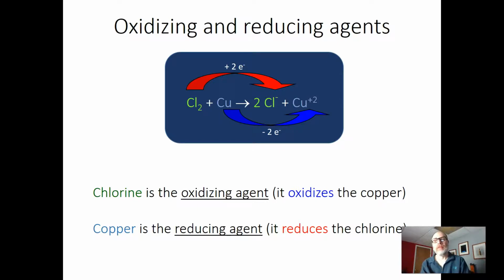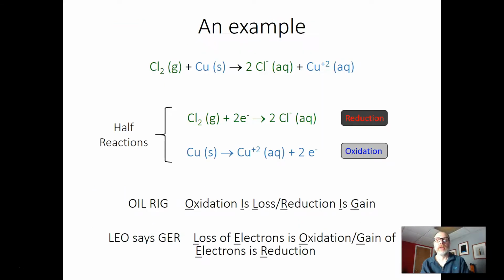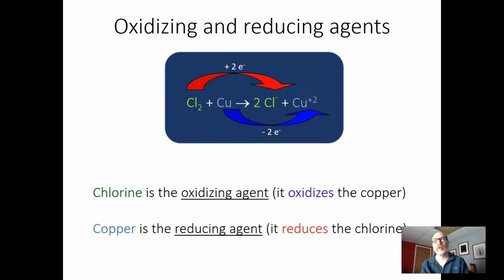But before we get there, it's important to understand that chemists give all sorts of different names. So we may say chlorine is reduced and copper is oxidized in this particular reaction. However, by being reduced, the chlorine is causing the copper to be oxidized. And when the copper is oxidized, it's causing the chlorine gas to be reduced. So we can call chlorine the oxidizing agent.